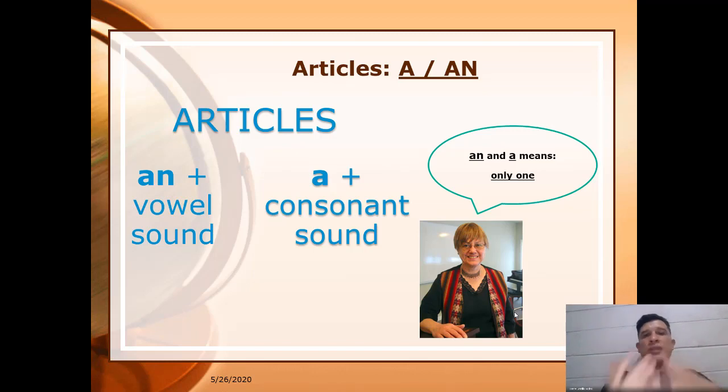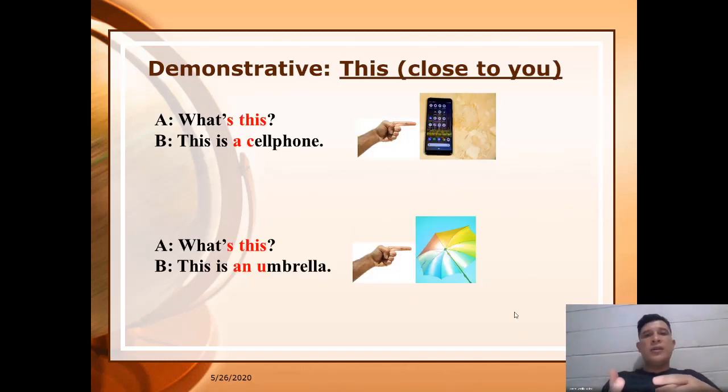When we use this, we use it with things that are close to you. And when you don't know something, you always say, what's this, right? Digamos que no conocieran qué es esto, me dijeran, what's this, teacher? Usted lo agarra y me dice, what's this?